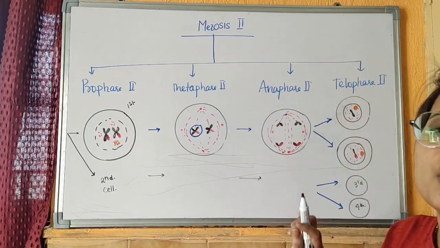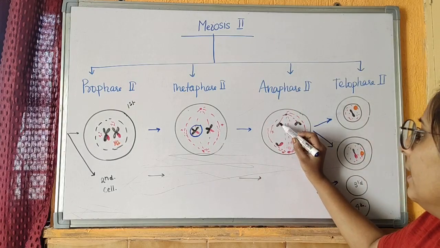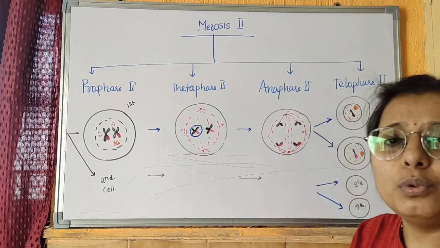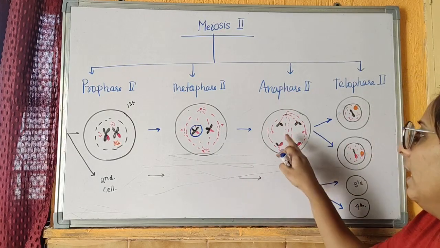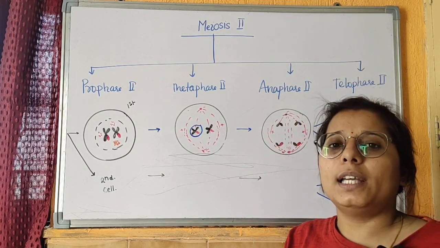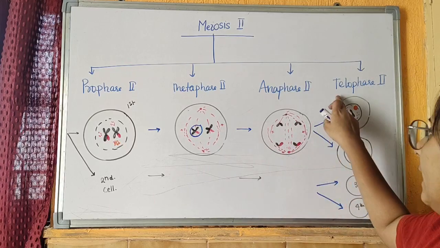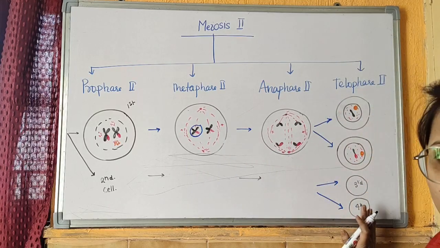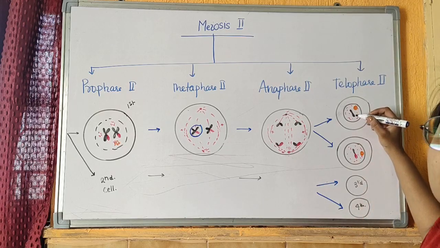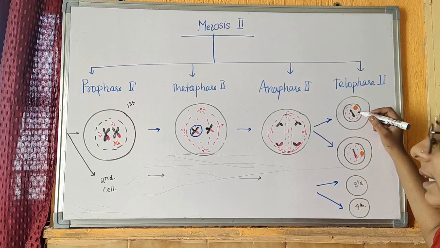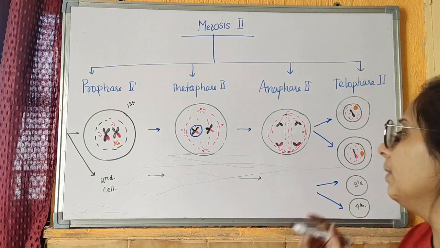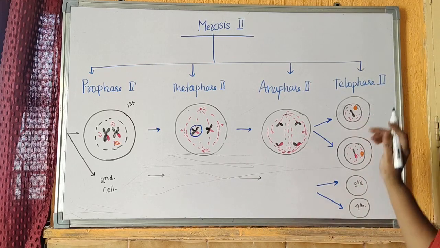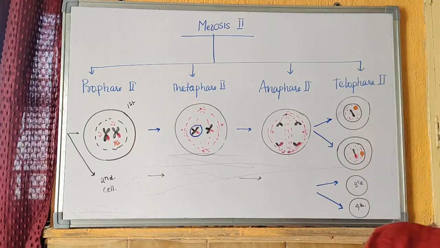In anaphase 2, the sister chromatids of one chromosome move to two opposite poles, and that is due to the shortening of the kinetochore microtubules. At the end of telophase, there is the formation of 4 cells having a single sister chromatid, and the nuclear envelope again forms and the nucleoli appear in the nuclear region.